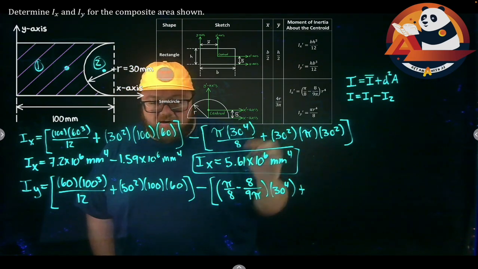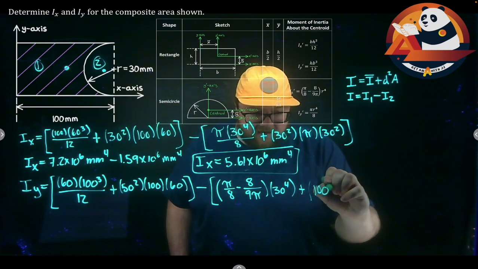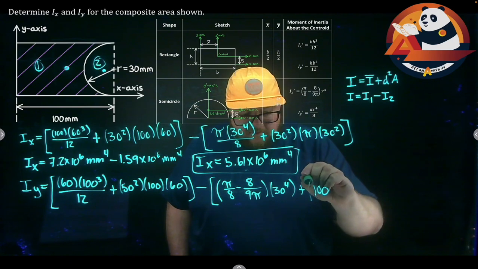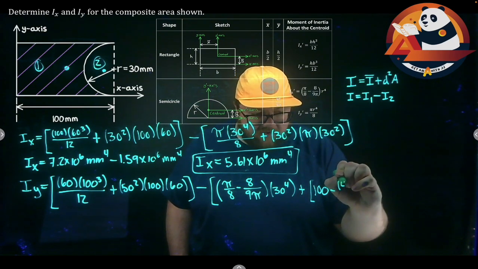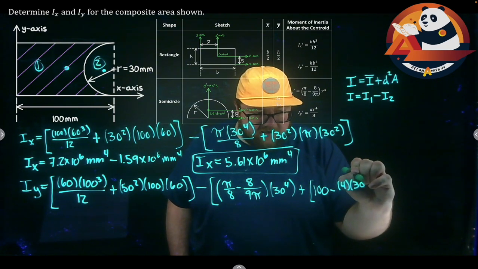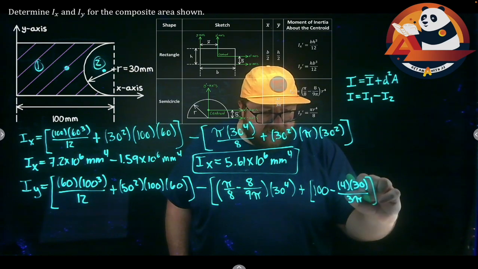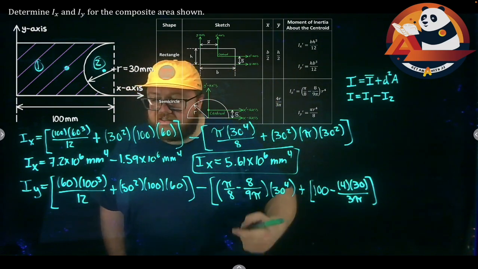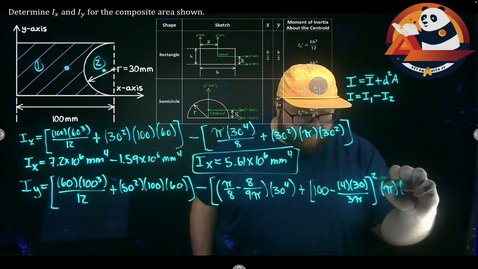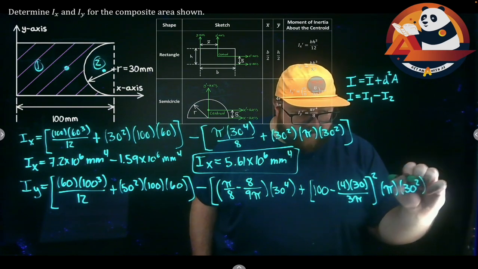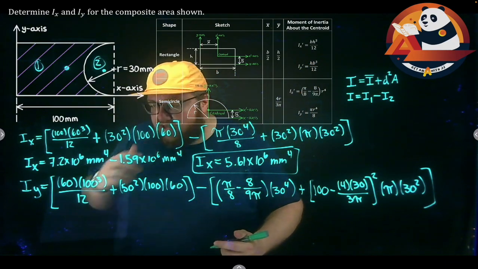We've reoriented this, but we would say plus 100 minus 4r over 3 pi. 100 minus 4 times our radius, 30, over 3 pi. That's our d distance. I need to square that, squared times the area, pi times 30 squared, pi r squared. I get a long, messy thing. Go slow and steady with that. We can get through that.